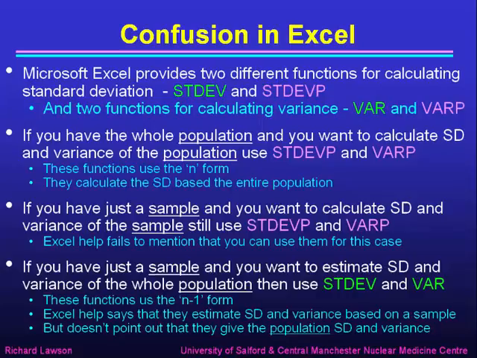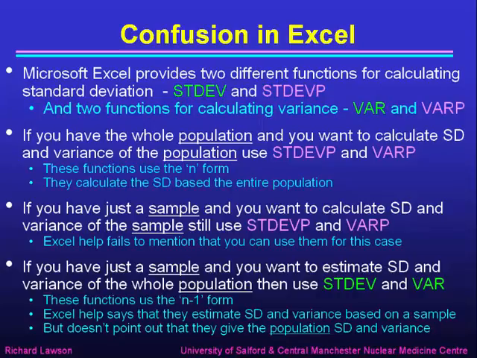The Excel help is slightly confusing on this point because it says that they estimate the standard deviation and the variance based on a sample, which is true, but it fails to point out that the standard deviation and variance that they give are the best estimates of the population standard deviation and variance. So despite the fact that there isn't a P at the end of these functions, they are estimating the population parameters based on a sample.